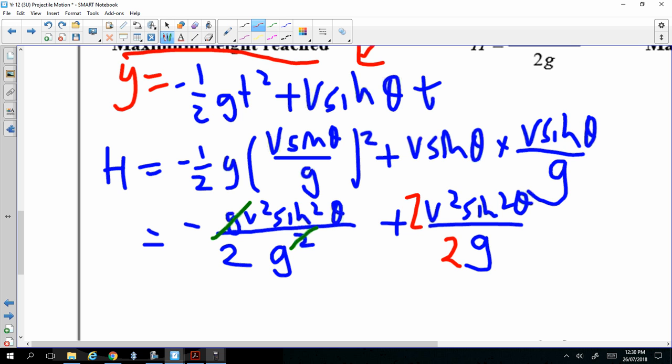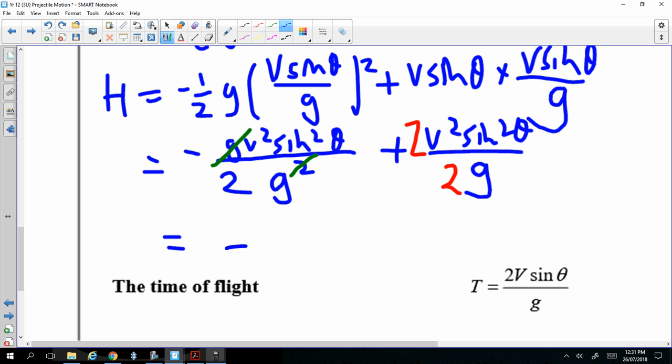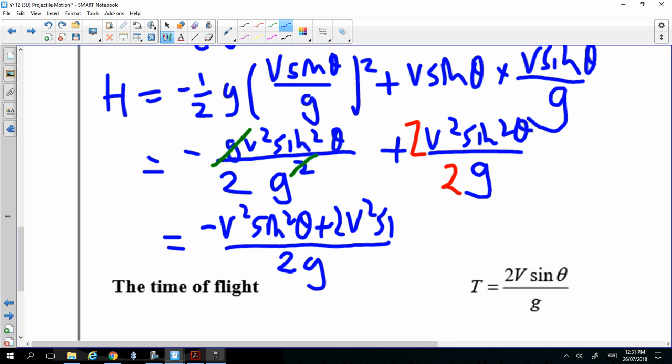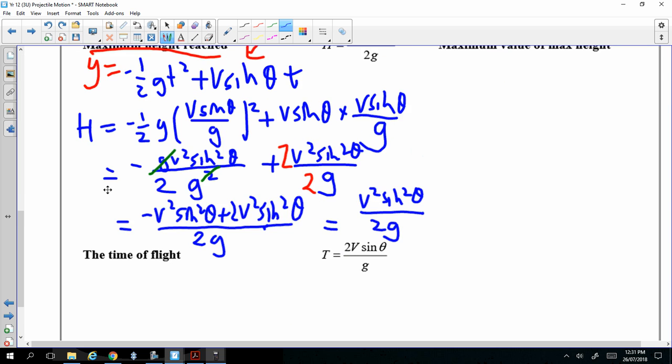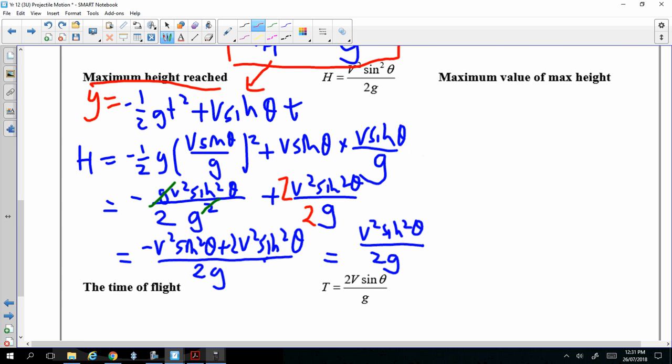They are like terms, so they become v squared sine squared theta over 2g. That's the maximum height. So some algebra involved. You are expected to know how to prove these formulas, because often in the exam they say find the maximum height reached in terms of theta and g. So you need to know how to do this.